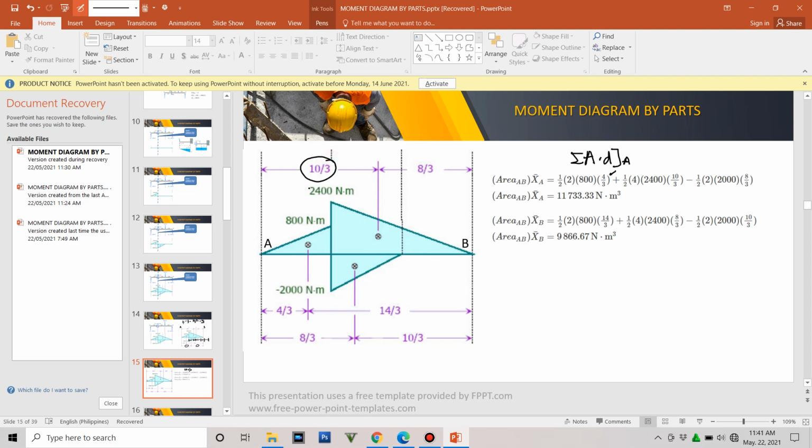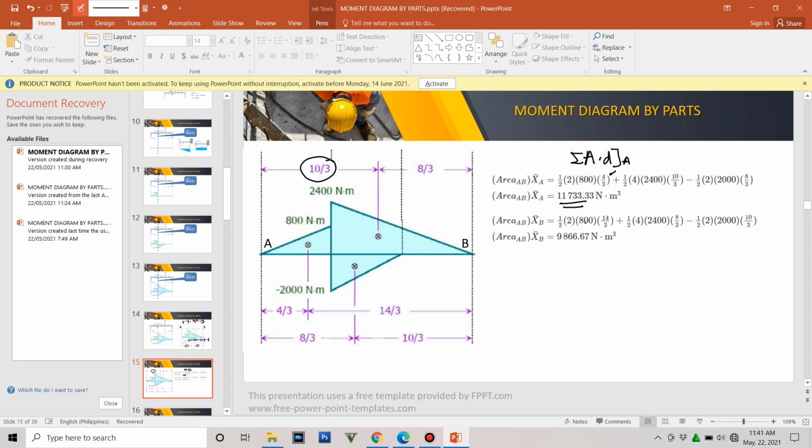Ito yun, 10/3 from A, you know. So minus, so this is a negative area, 1/2 2 times 2,000, no? 2,000 times 8 all over 3. So, lahat ng distance galing sa A, ano? So, we will come up with a value of 11,733.33 Newton per cubic meter.